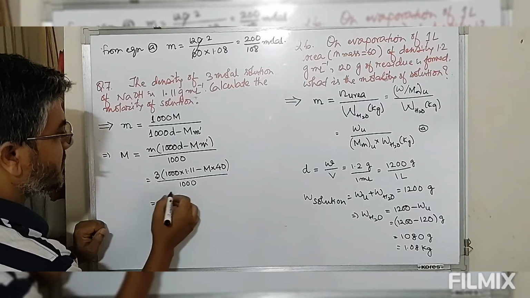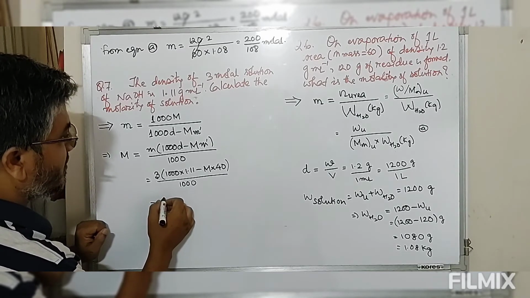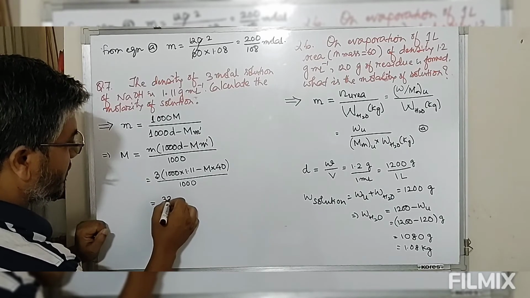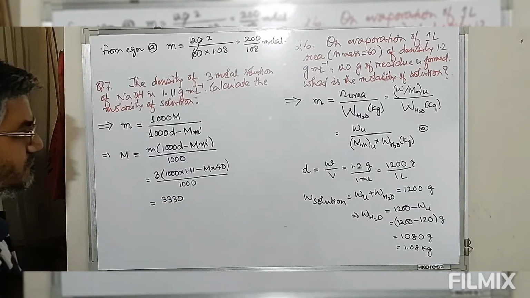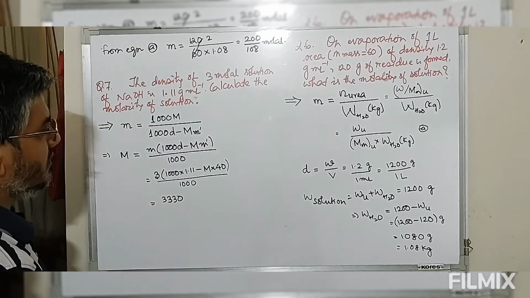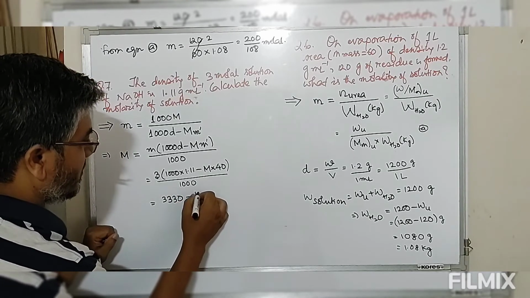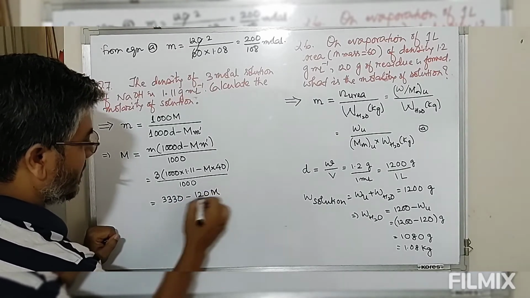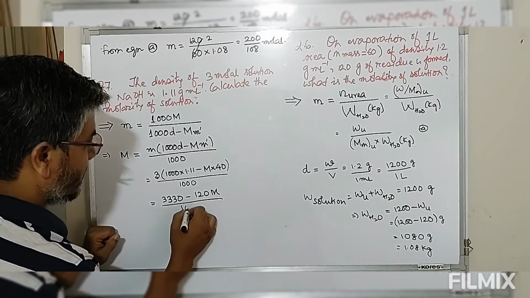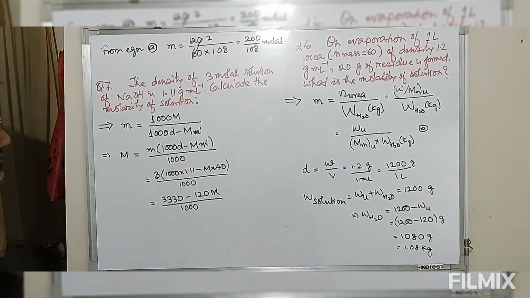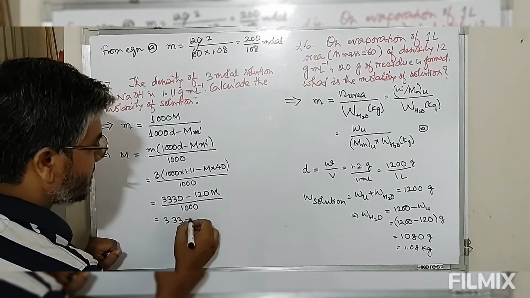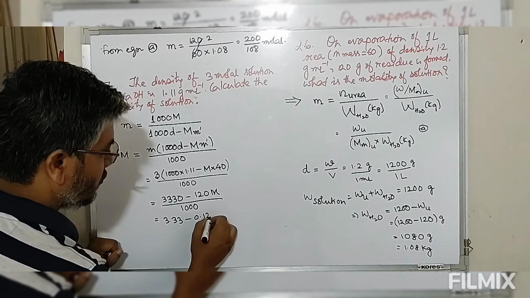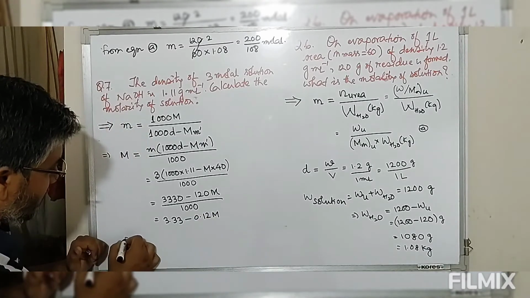So this is 3330 minus 120 m divided by 1000. So this equals 3.33 minus 0.12 m.